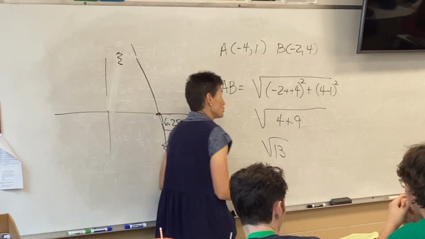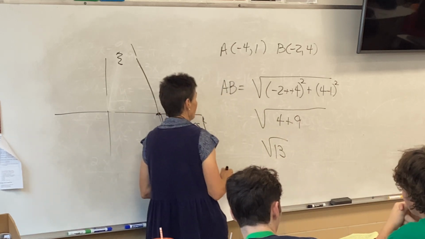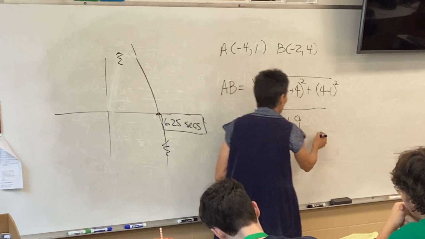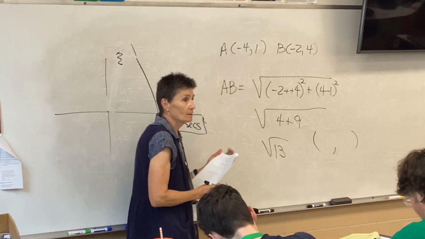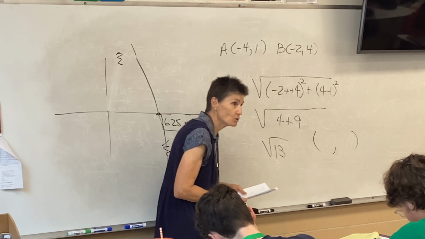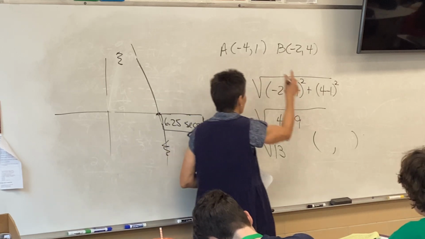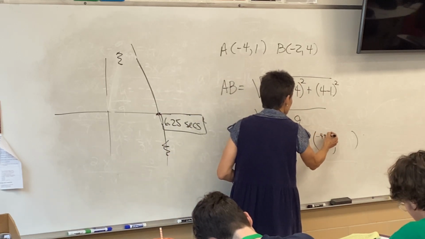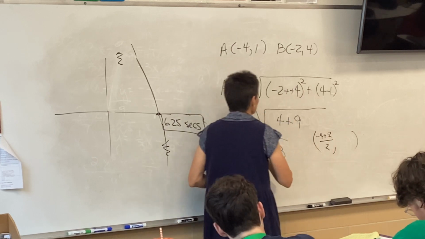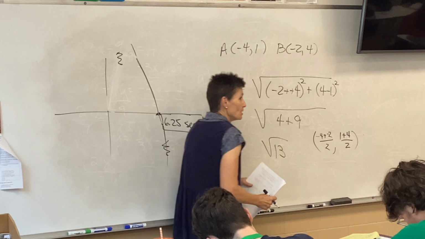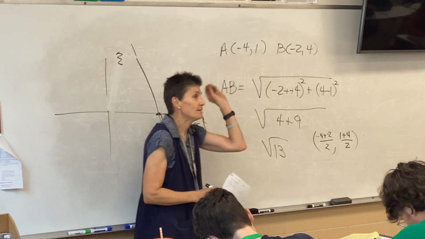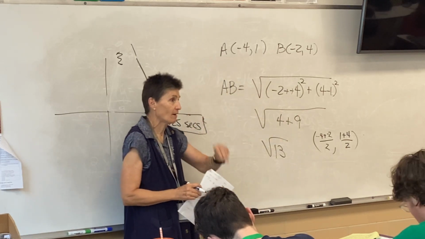Finally, last question. Here we go. What is the midpoint? The midpoint is going to be a point. X must come first in a point. So -4 plus -2 over 2, and 1 plus 4 over 2. You simply add the x's together and divide by 2.